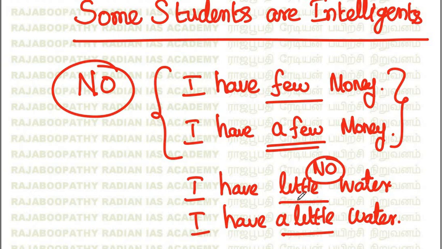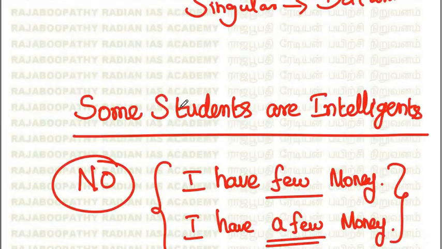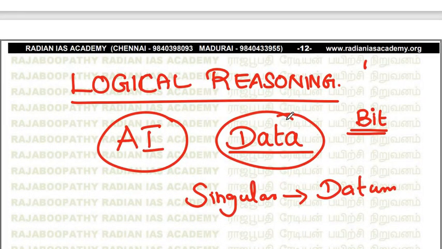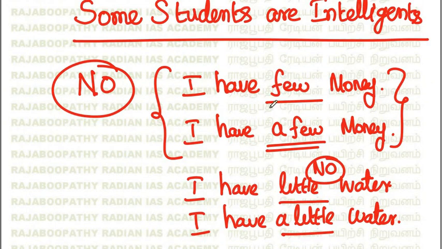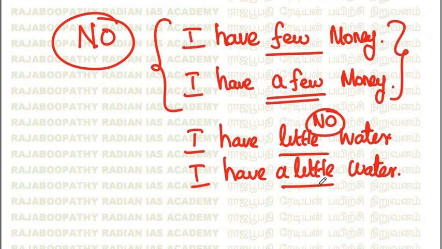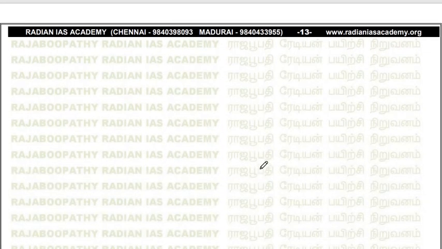Little is a negation. So understand this. This is logical reasoning. So I have few money means negation. I have a few money means something is there. I have little water means no water. I have a little water means some water is there.